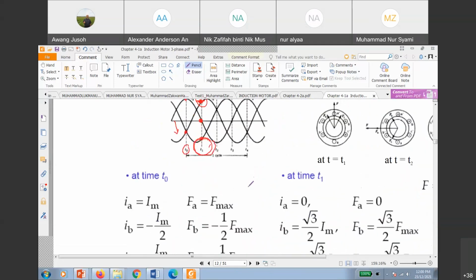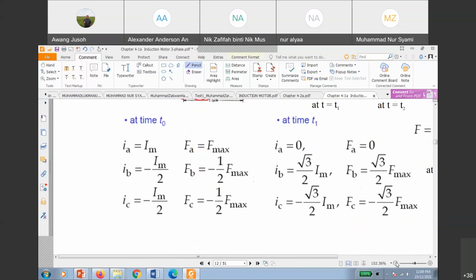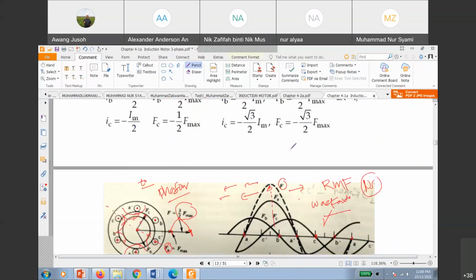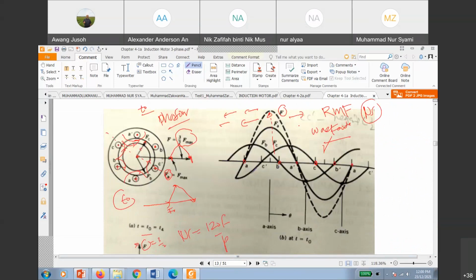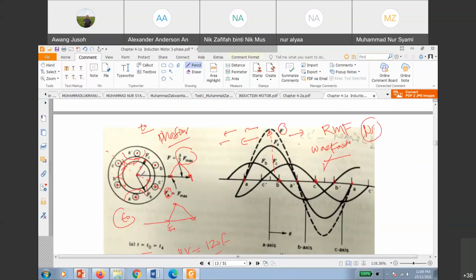Then we can plot the resultant flux of the stator. This stator. Understand? This is a phasor diagram. This is a waveform. For the waveform, you have to check how much its value is, and you add at any point. For example, you need to add.